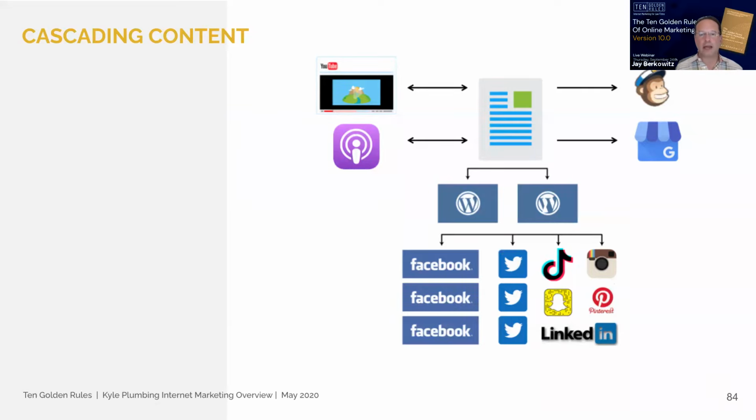And finally, my strategy I call cascading content. This kind of wraps up a lot of things we've been talking about. What we recommend is we need to create content. Content is the C of the ABCs of SEO. We need to create content and articles on our website.